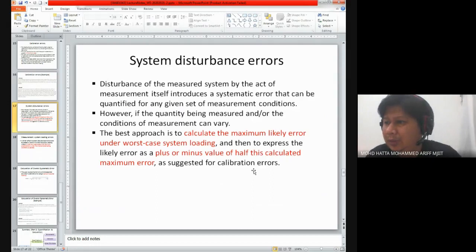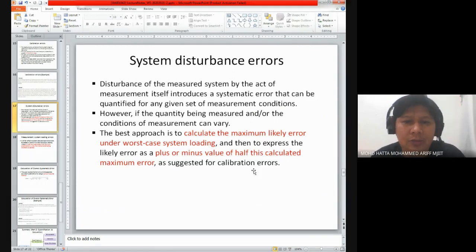Later on, system disturbance, I think it is also the same. Disturbance of the measured system by the act of measurement itself introduces a systematic error that can be quantified for any given set of measurement conditions.